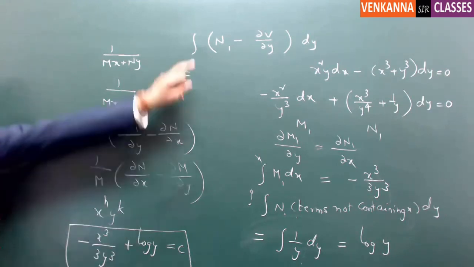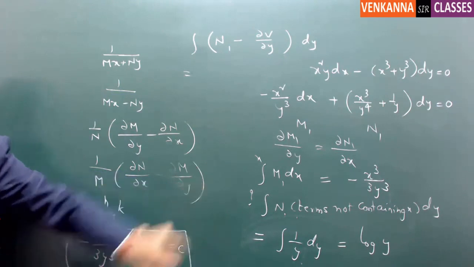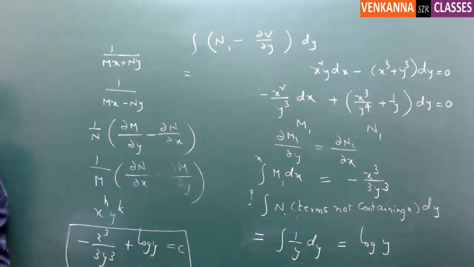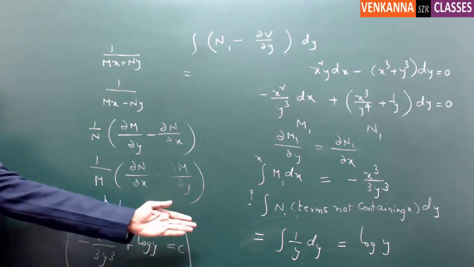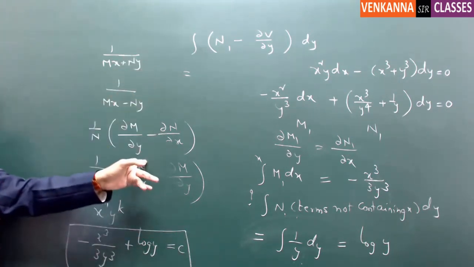So apart from doing this type of integration, it is convenient to choose like this. Okay? Clear to all? If M1 and N1 again don't satisfy the exact property, that case won't be possible because you are choosing the integrating factor by default. So these formulae are standard.